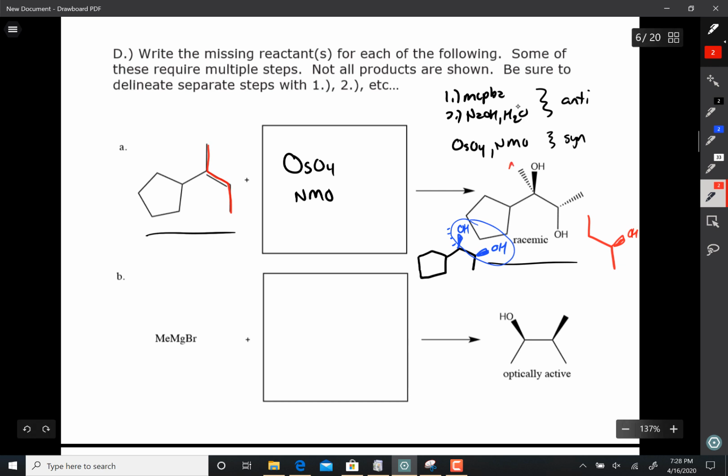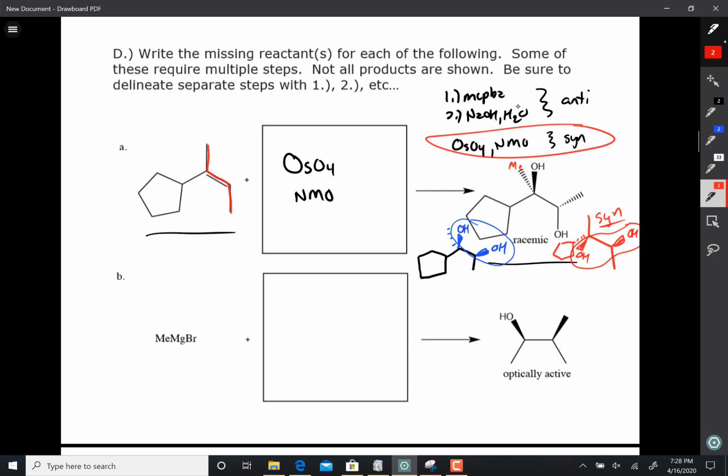And if this methyl group you wanted to have as a line going upwards, that means this OH is a wedge going up, going to the bottom of the page. And then that means that cyclopentane is a dash. If we take a look, two OHs, both wedges, syn. It's osmium tetroxide NMO. If one ended up being a wedge and one ended up being a dash, then it would be the anti.